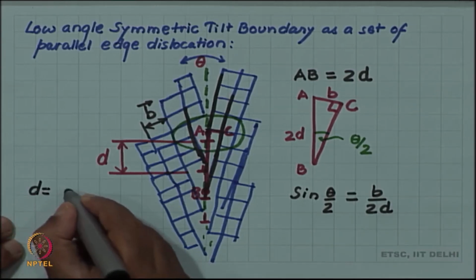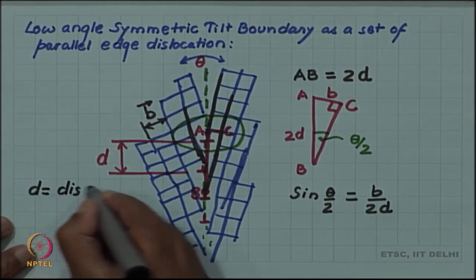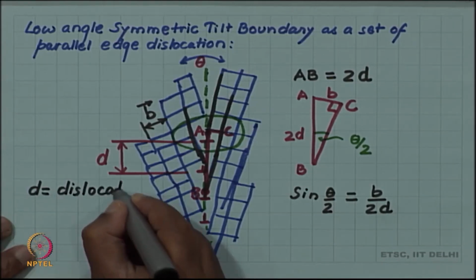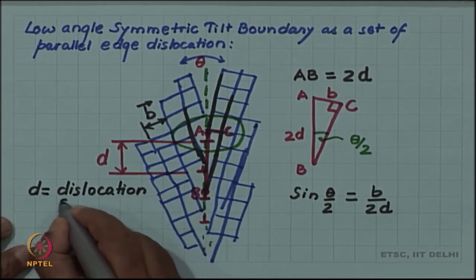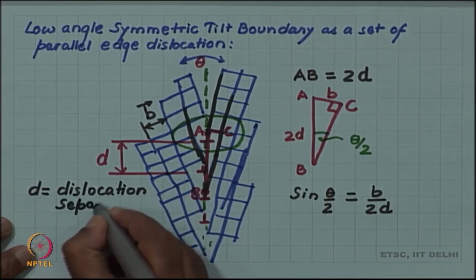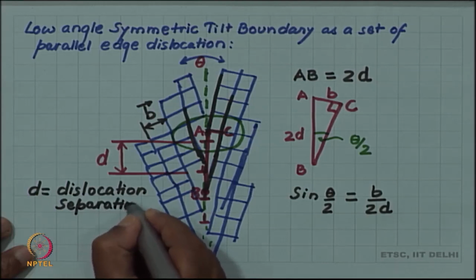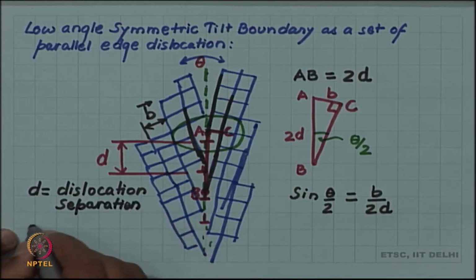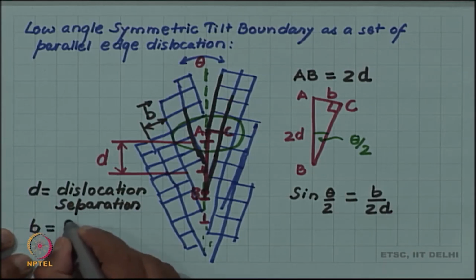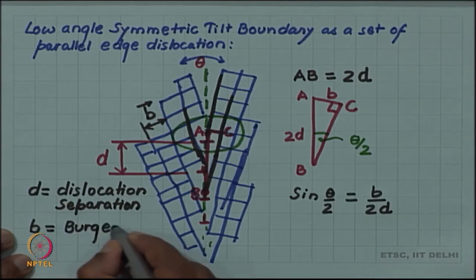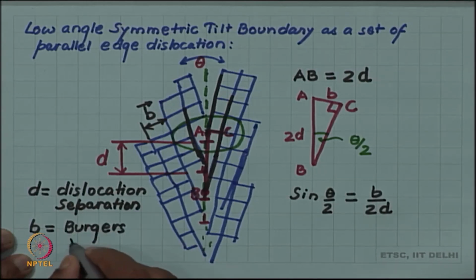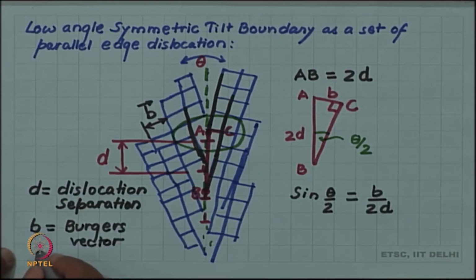D is the dislocation separation, and b is the magnitude of the Burgers vector, and theta is the tilt angle.